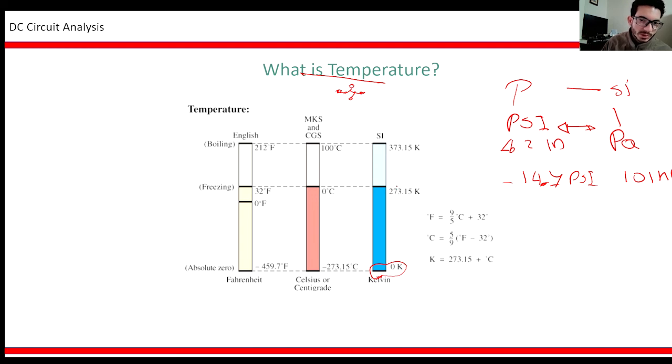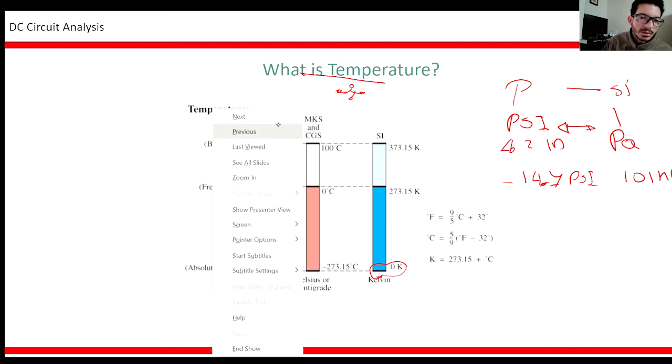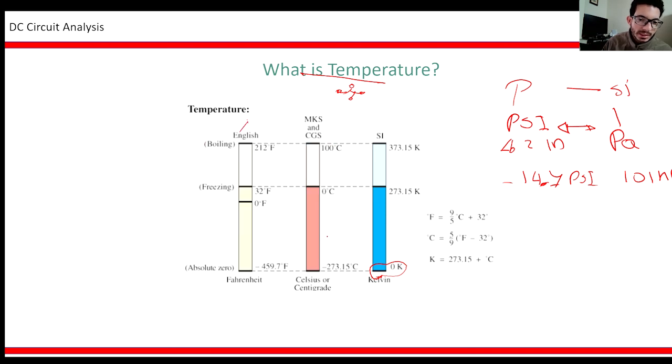Interestingly, the more common units of measurement that we use are Fahrenheit and Celsius. Celsius is SI and Fahrenheit is English. In Fahrenheit, 32 is the freezing temperature of water and 212 is the boiling temperature of water. In Celsius, the freezing temperature of water is 0 and 100 is the boiling temperature.